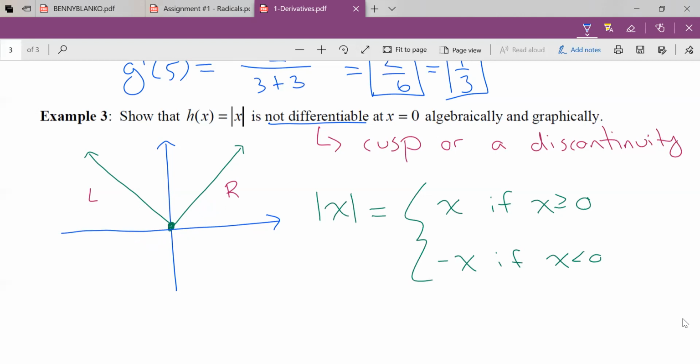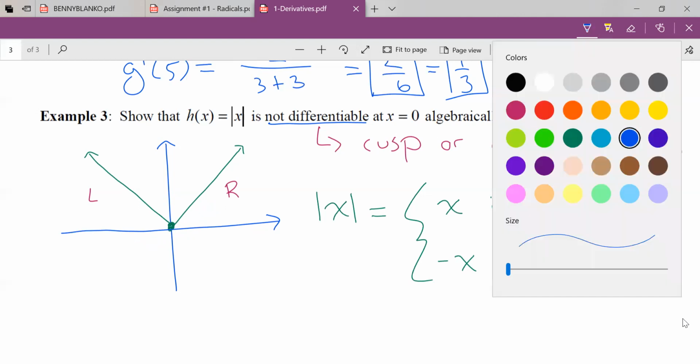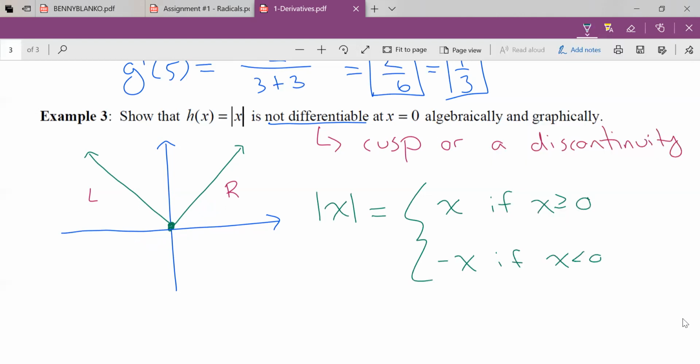Well, guess what? Let's take the derivative of this thing. Well, what I'm going to tell you here is the derivative of these two things, the derivative on the left, the slope of the tangent line, and the derivative on the right. Well, friends, you don't even have to do your derivative rule we just did. On the right, that's a straight line with a slope of 1.